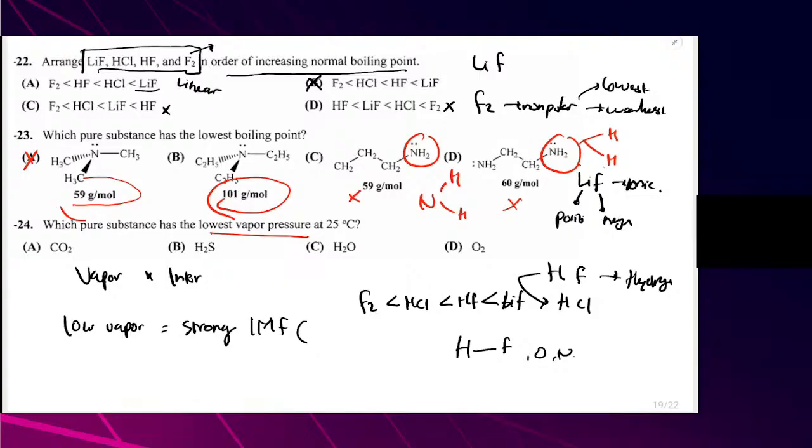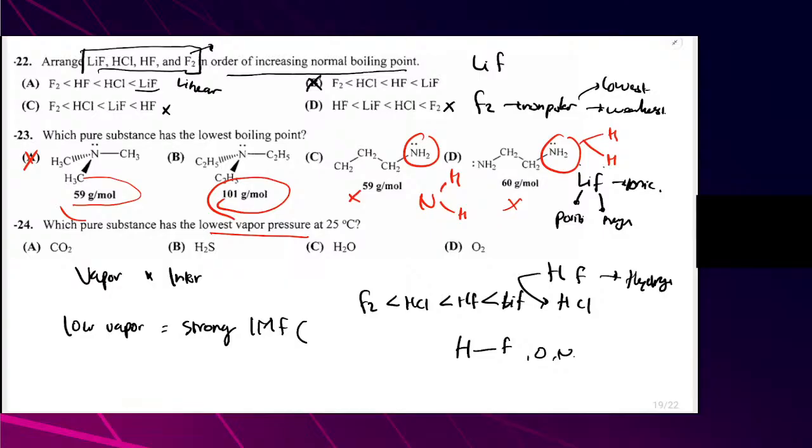So the key idea is that vapor pressure depends on how easily molecules can escape from the liquid. If the sample has the lowest vapor pressure, it should have stronger IMF, right? The strength holding molecules together.